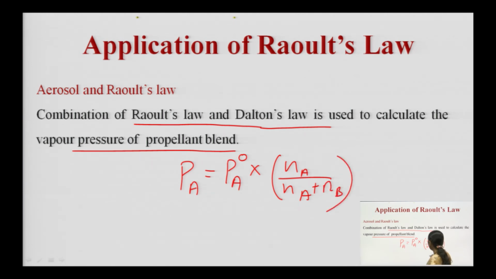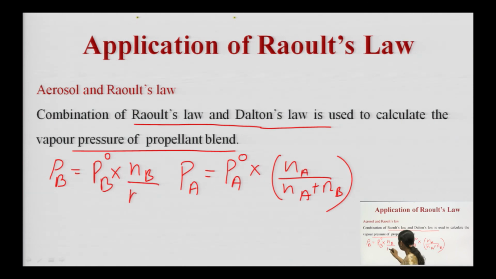This is your mole fraction of A. Similarly, the partial vapor pressure of B is equal to the vapor pressure of B multiplied by Nb divided by Na plus Nb.